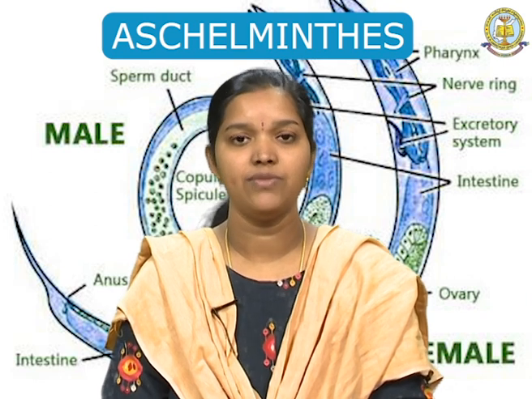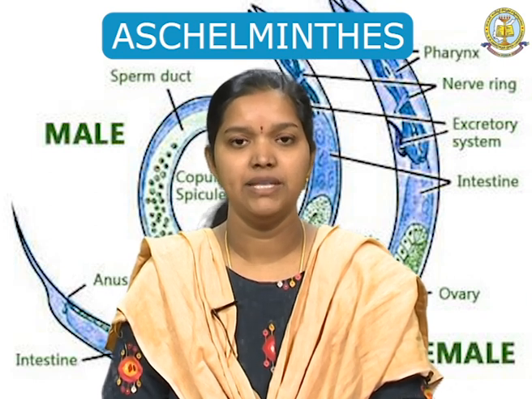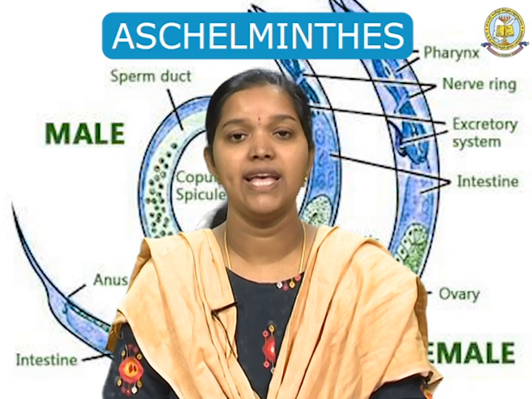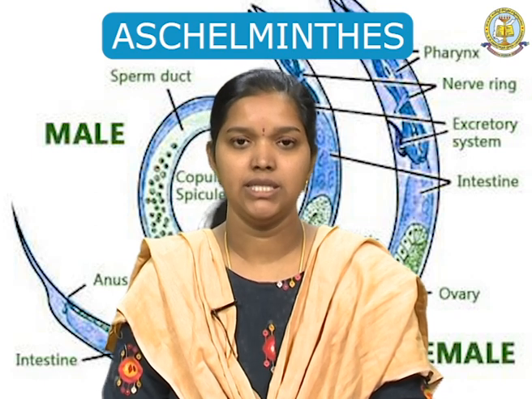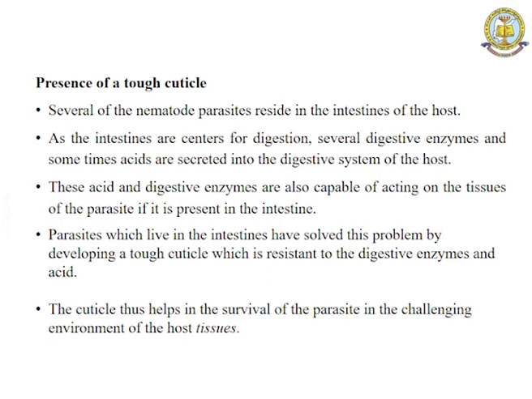So, the intestine of the host has an environment with various enzymes that will be digesting the parasites. The intestines are the centers for digestion, and various digestive enzymes and acids act on the food which is present in the intestine.